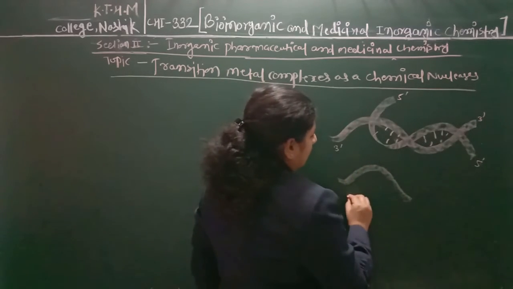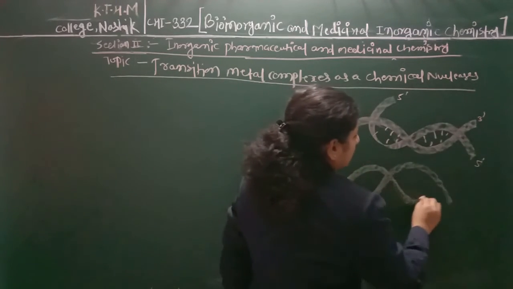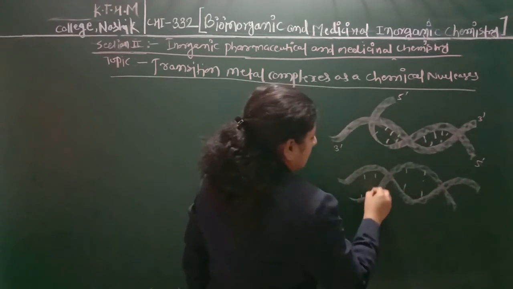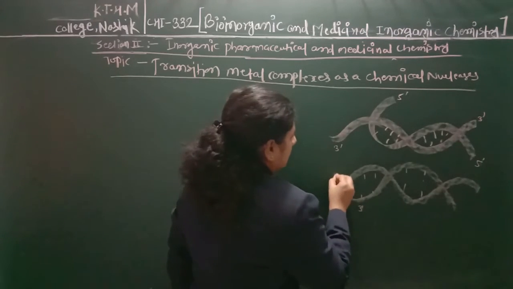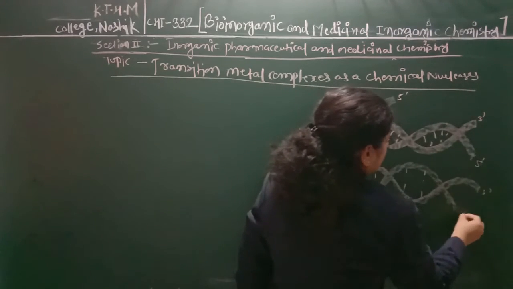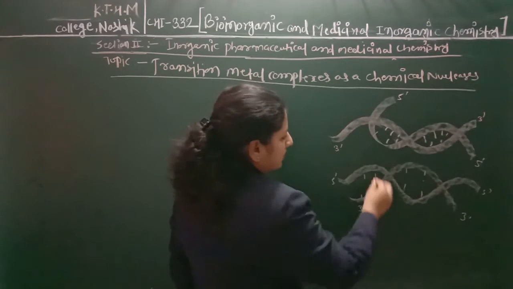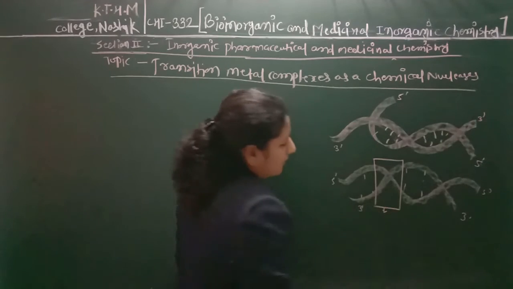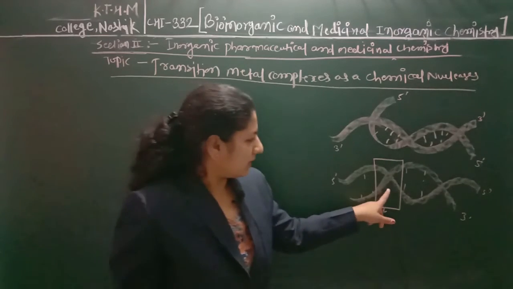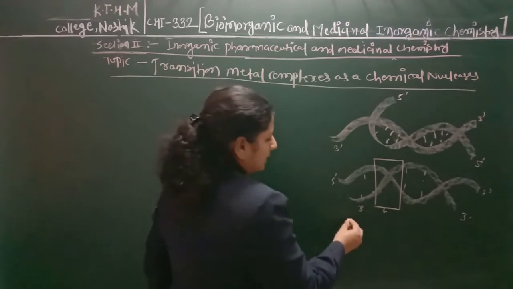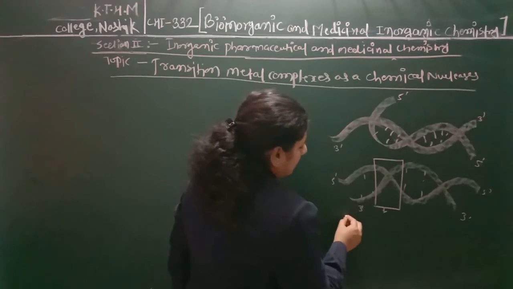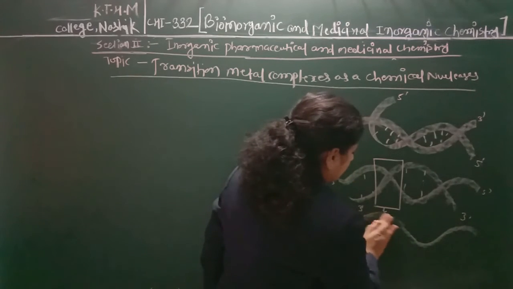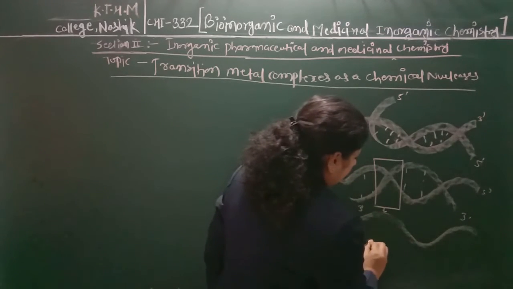For that purpose, if we rupture that bond, and if we use the chemical nucleases in this portion to rupture that type of bond, then the structure may be as you see, where this portion is totally blank.